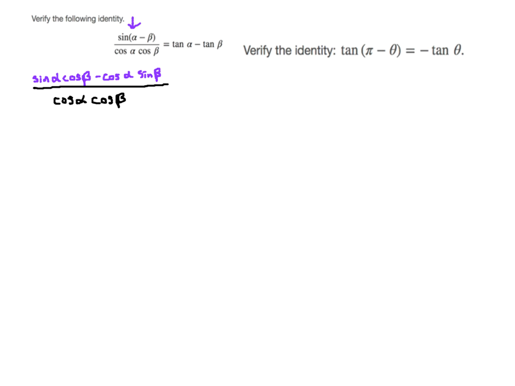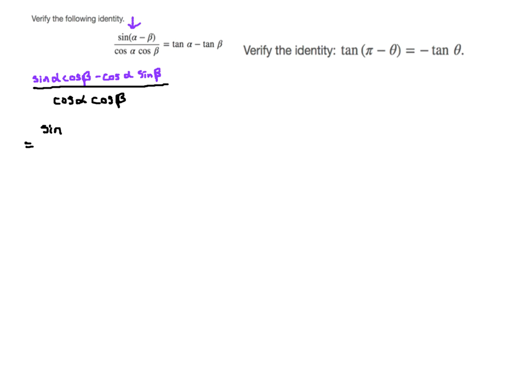So I'm just going to use my algebra skills to see if I can make this look like tangent alpha minus tangent beta. Well, I see that I need to end up with two terms. What I'm basically looking at here is two fractions that happen to have a common denominator of cosine alpha cosine beta. I'm going to split those fractions back up.